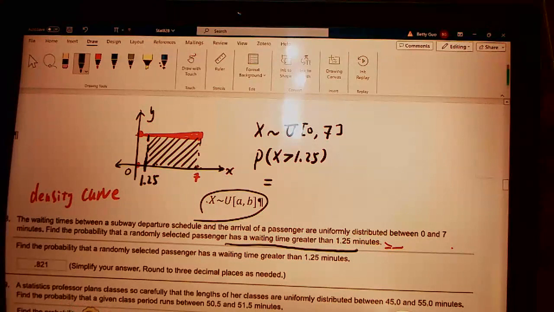Does that make any sense? Because the area of the whole rectangle is 1, the probability that X is bigger than 1.25 can be described by the area of the region below the curve, above the x-axis, to the right of x equals 1.25 and to the left of 7.